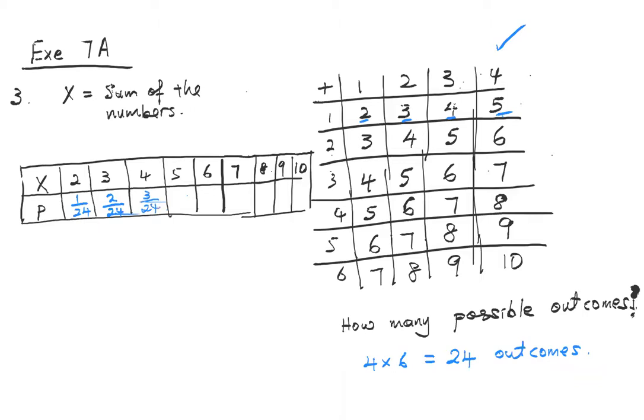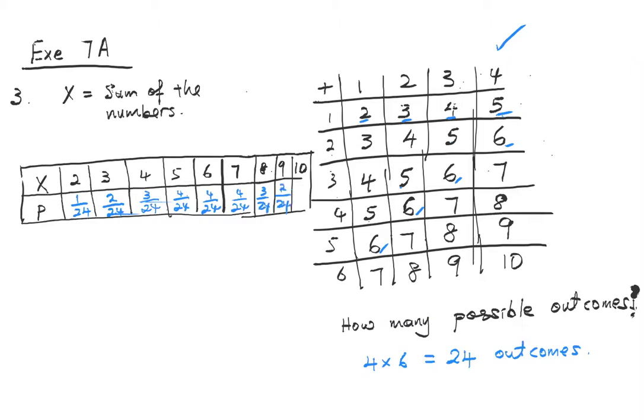Getting a 5, 1, 2, 3, 4. 4 out of 24. Getting a 6, 1, 2, 3, 4. So 4 out of 24. 7, also 4. 1, 2, 3, 4. 8, 9, 2 out of 24.